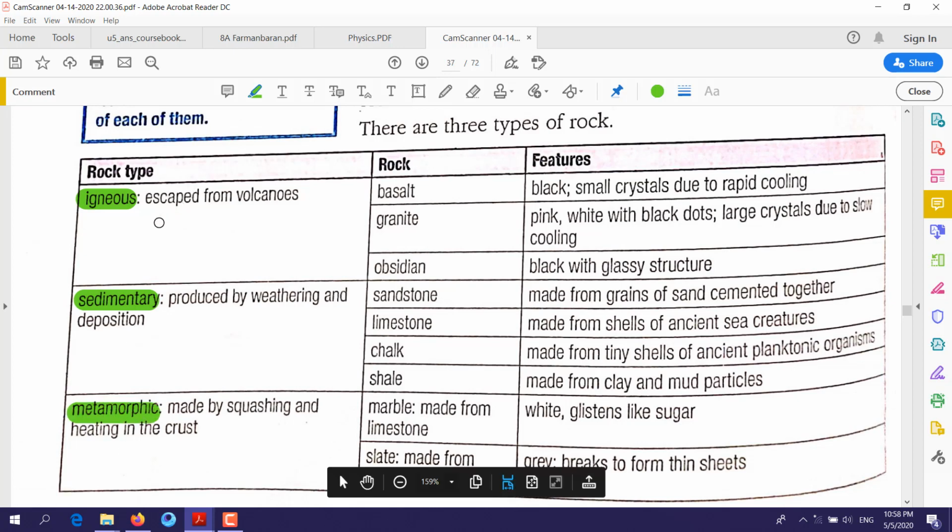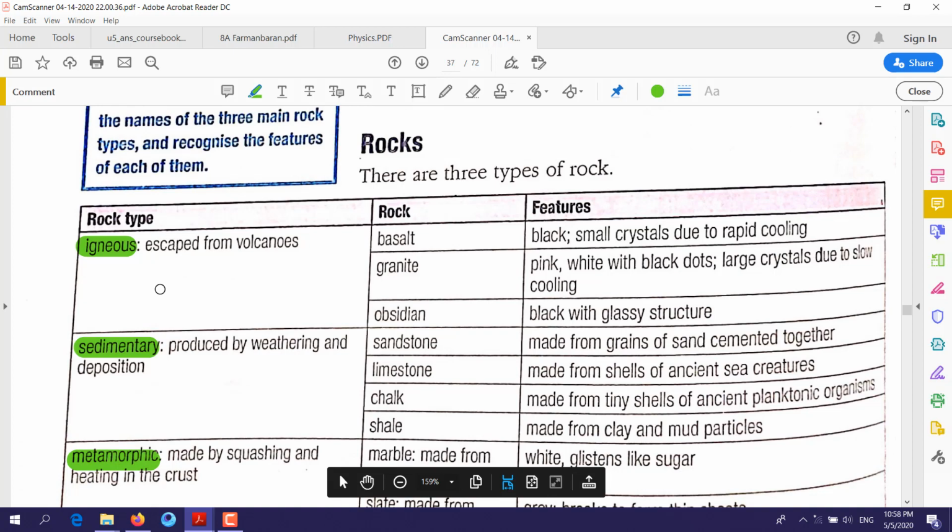Then, how do they form and what are some features of them? Igneous rocks form when magma or lava cools down. So igneous rocks form from volcanoes. When the lava cools down, it forms the igneous rocks.